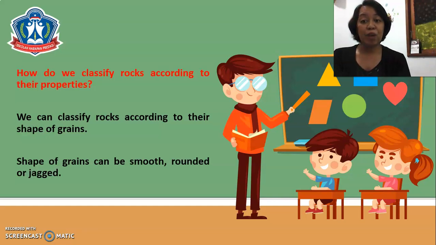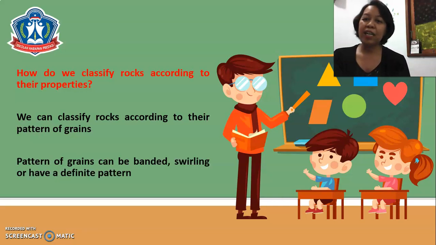We can classify rocks according to their shape of grains. Shape of grains can be smooth, rounded, or jagged. We can classify rocks according to their pattern of grains. Pattern of grains can be banded, swirling, or have a definite pattern.